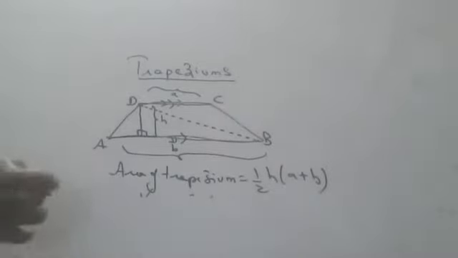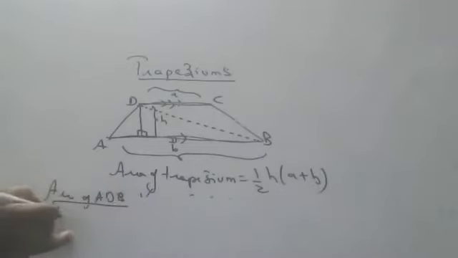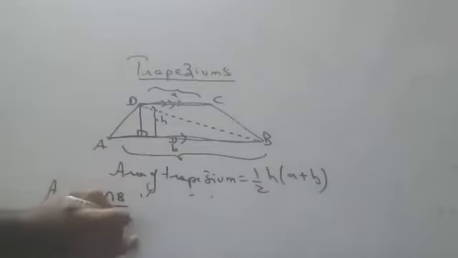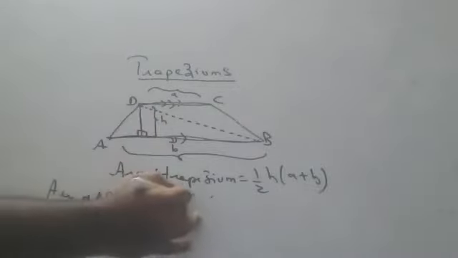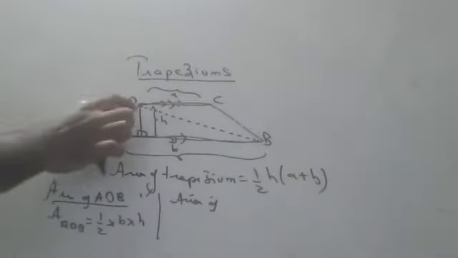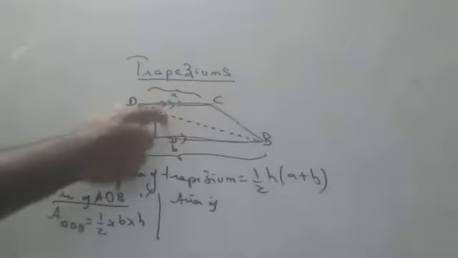Area of triangle ADB, we know, children: area of a triangle is half into base into height. Half into base b, height h. Next, area of DCB. This plus this is the area of the trapezium.